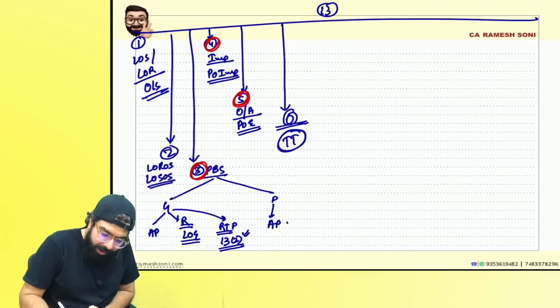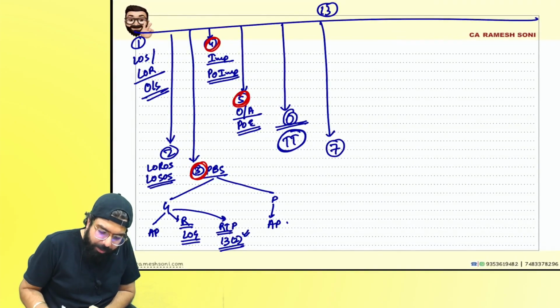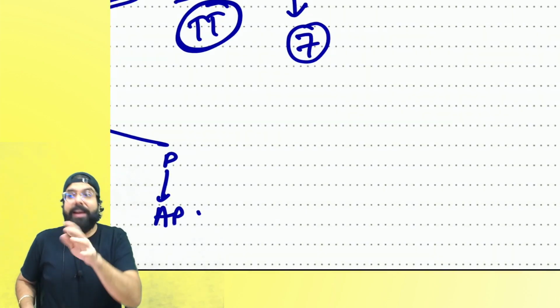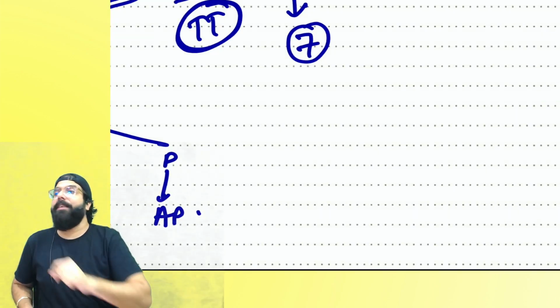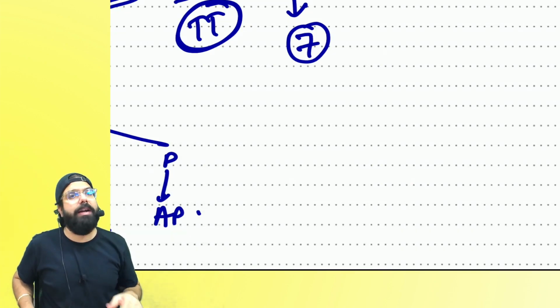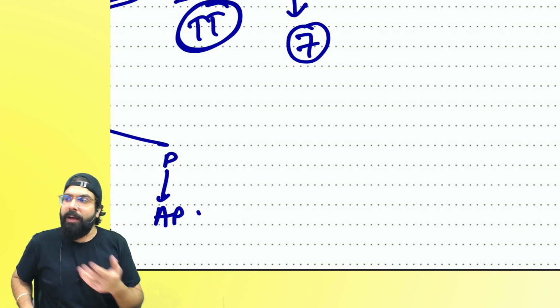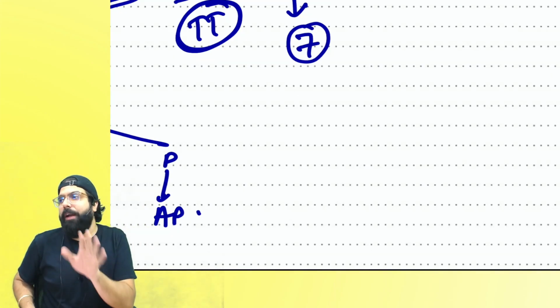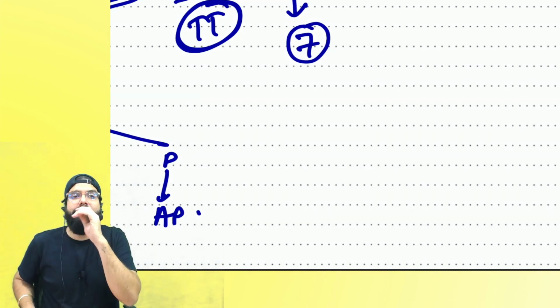The next one over here is 13.7. If a supply of service is provided in multiple states in India, then what is to be done? If value is collected separately, then place of supply is for the separate value. If it is not collected separately, then you will have to see as per the contract.